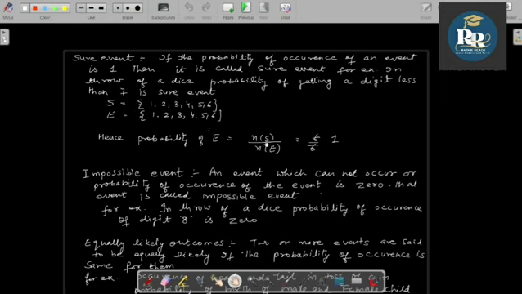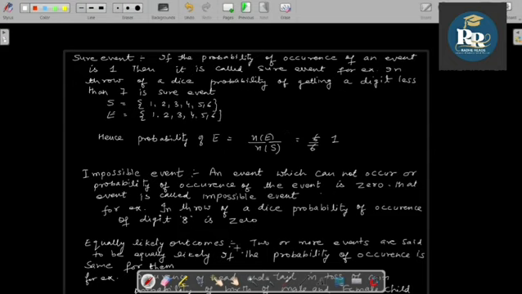Number of favorable outcomes divided by number of possible outcomes, right? So it is E over S. So 6 by 6, that is 1. Okay. So I can say if the outcomes of your event are the same as the sample space, then the probability of that event is 100% and that event is called a sure event.